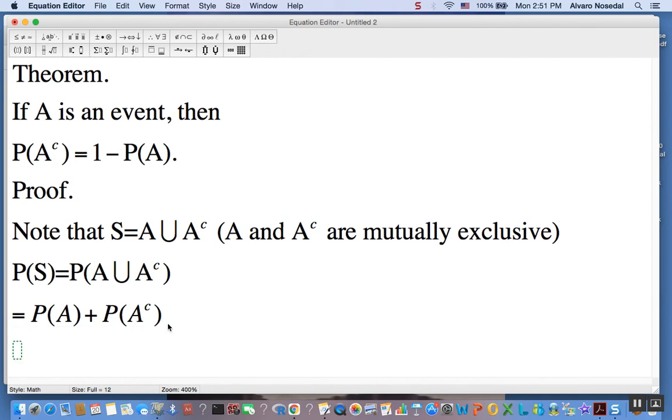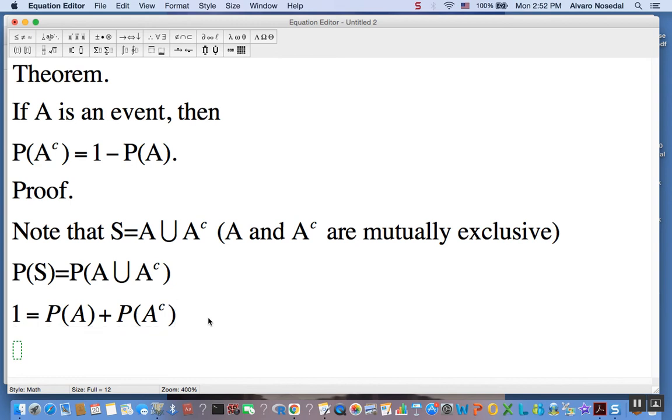Next, something else. What's the probability of the sample space? The probability of the sample space is 1, right? And we know that from the properties that a legit probability function must satisfy. It's one of the axioms. Our mathematician friends would tell us that, hey, that's an axiom of a probability function.